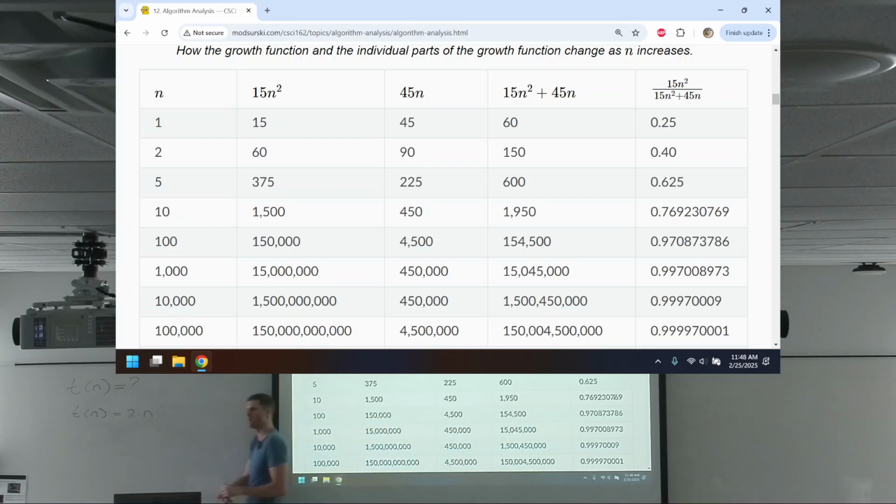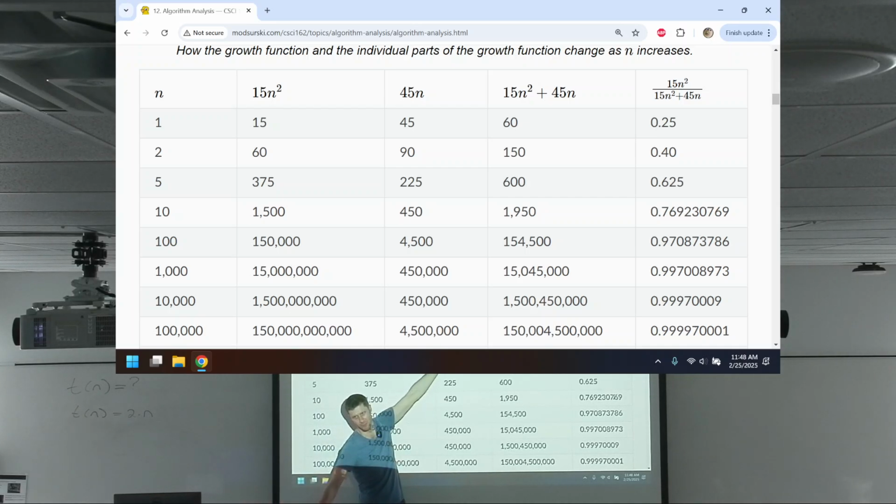The next line, if n is 2, if you plug 2 into that part, it's 60, 90. So this one's clearly worse. The total's 150.